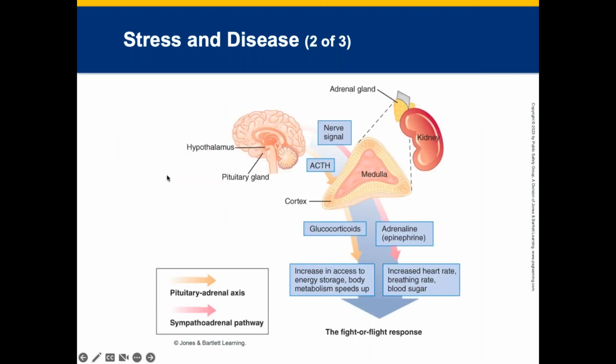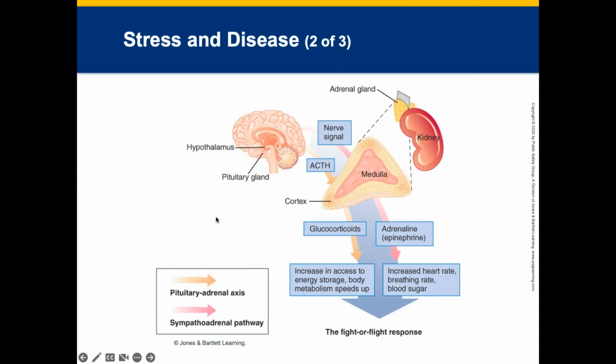As you can see here in this slide, it's a response to stress and how it releases through the hypothalamus and the pituitary gland, releasing ACTH and the nerve signal through the medulla and the cortex, adrenal glands as well, releasing into the kidneys, working its way down to the fight or flight response, right? So all this happens.